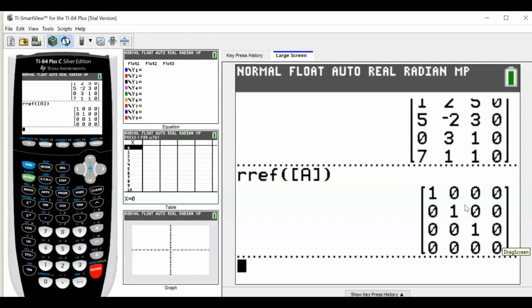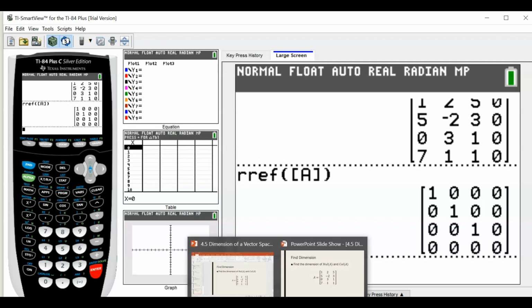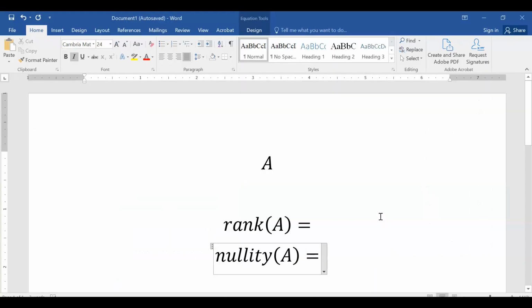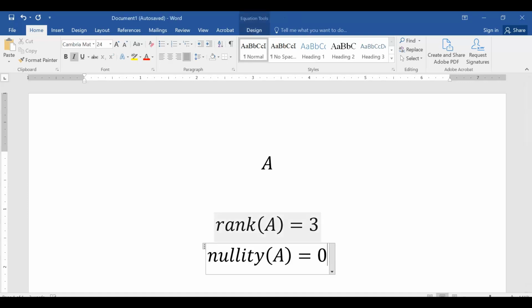So we have 3 pivot columns and no free variables. So the rank would be 3 and the nullity would be 0. Okay, 3 pivot columns means that the column space of A is dimension 3, and no free variables means that the null space of A is dimension 0.